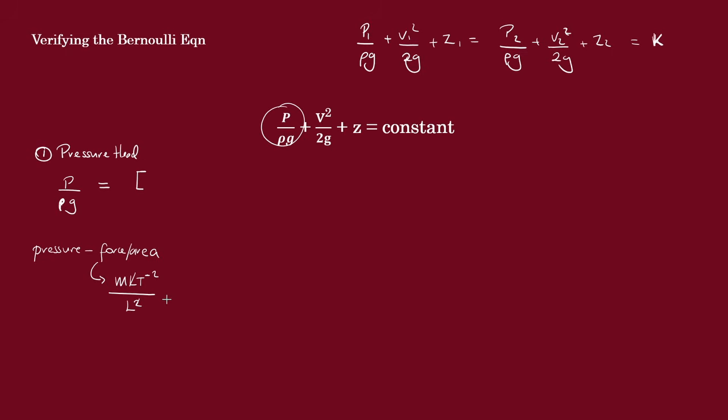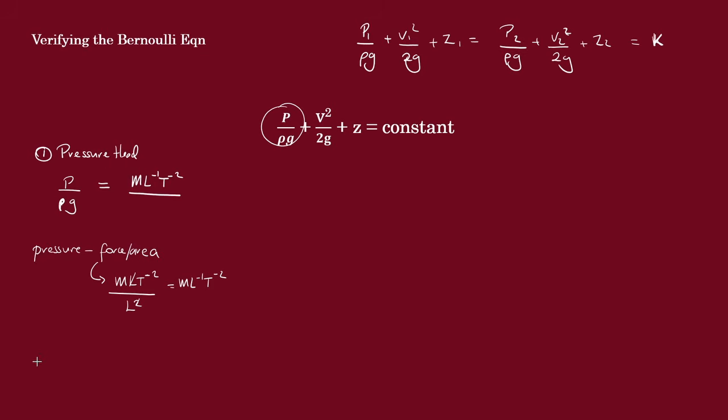So I'm going to end up with M L to the power of negative 1 T to the power of negative 2. Okay, so we're able to show the dimensions of pressure. So pressure is going to be M L T raised to the power negative 2, divided by density times gravity.